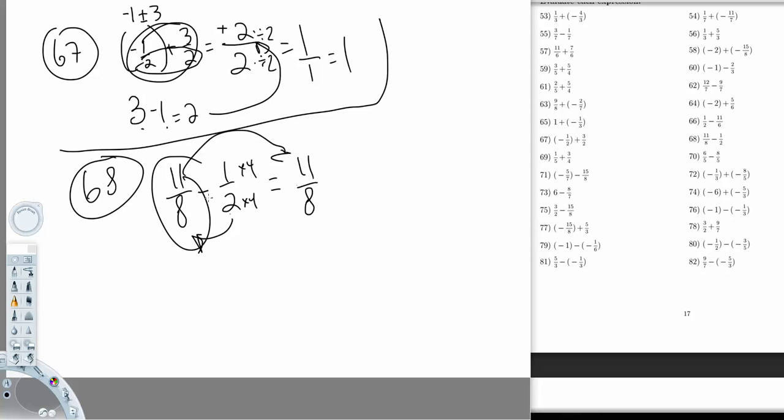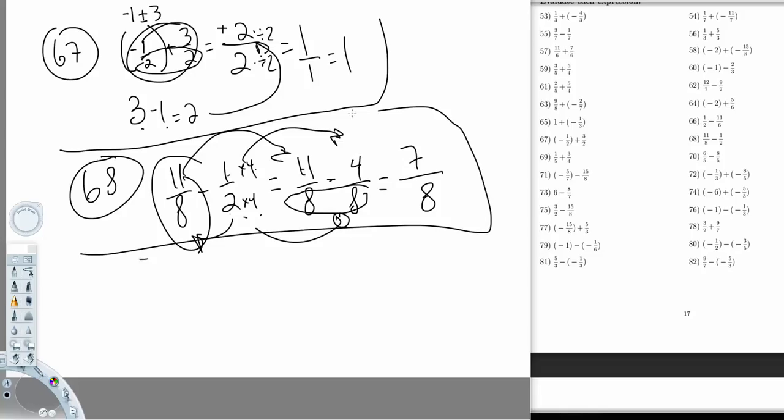And then minus 1 times 4 equals 4. 2 times 4 equals 8. So negative 4 over 8. So we have a common denominator now, so we can put that here. And we have 11 minus 4, which is 7. Very good. All right.